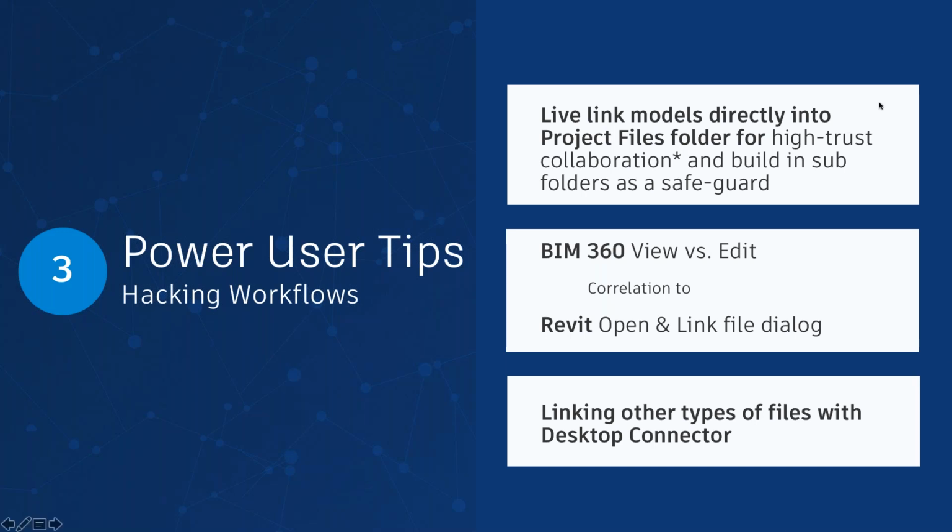So if the structural engineers really just want to always see the latest and greatest changes from the architects, you can give the structural engineers view permission on the architecture folder, and they can browse there and link the actual central models that the architect is working on, as opposed to having to go through the share and consume process, or again, there's some variants of that process as well.